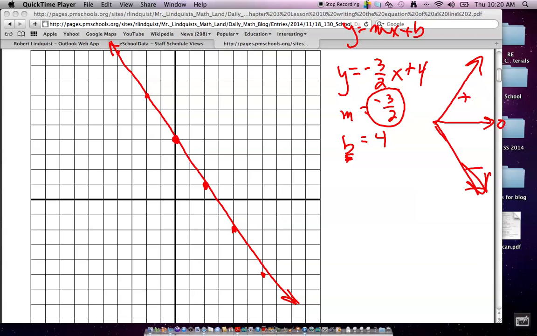Listen, there are some very difficult things we do during the course of the year. Beginning at the y-intercept is not one of them. Knowing that a negative slope goes down is not one of them. These things are not difficult. Now, I just got done telling you that around this whole y equals mx plus b, the graphing, the knowing the slope, knowing the y-intercept, is about 40 points on your next test.